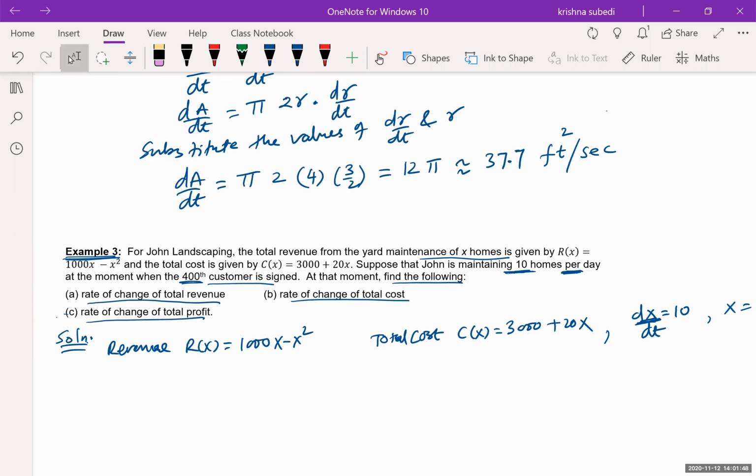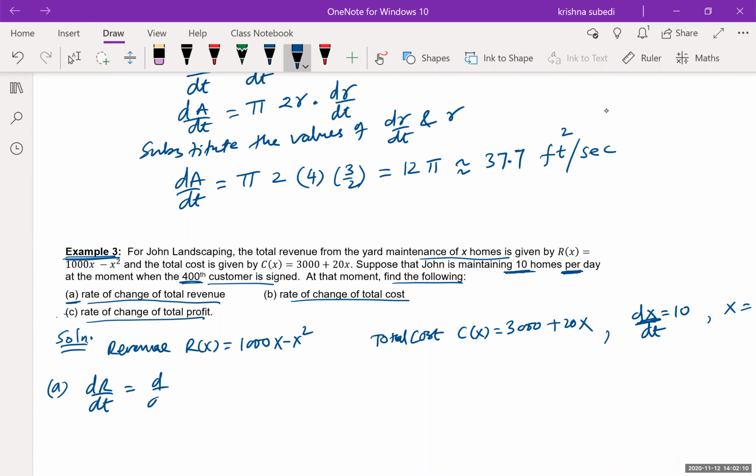Now let's look at part A. We want to find the rate of change of total revenue. So this is the total revenue, and we want to find rate of change of this. So in part A, we want to find dr over dt. So you just differentiate both sides with respect to t.